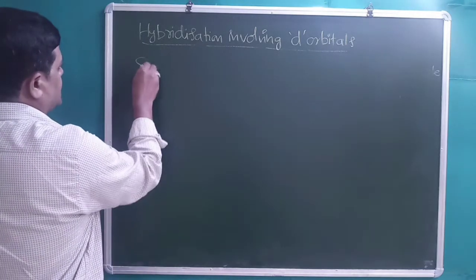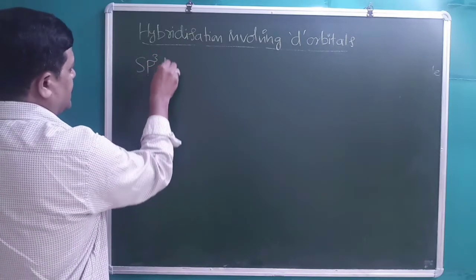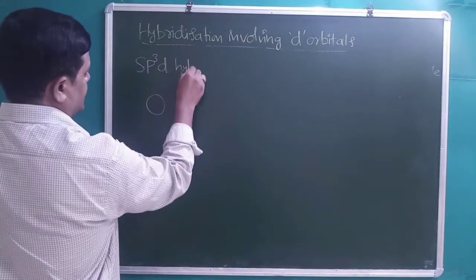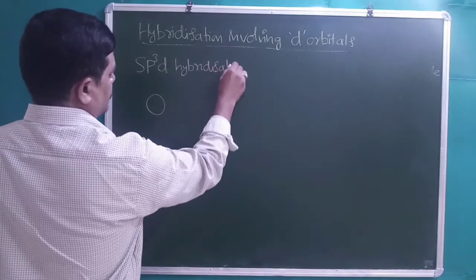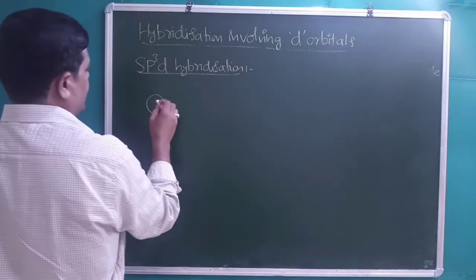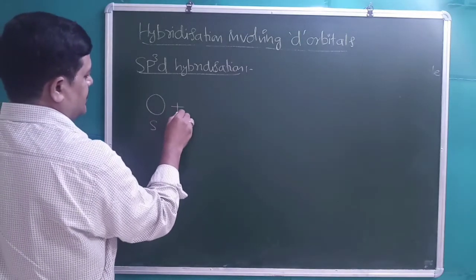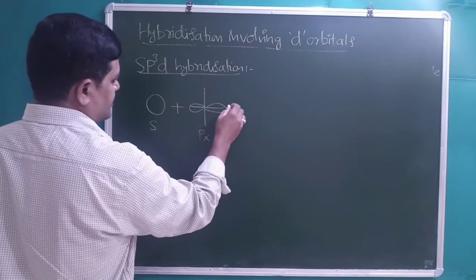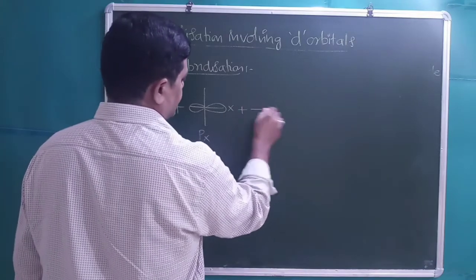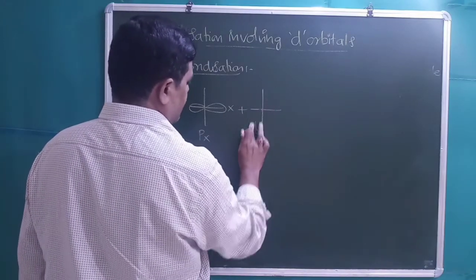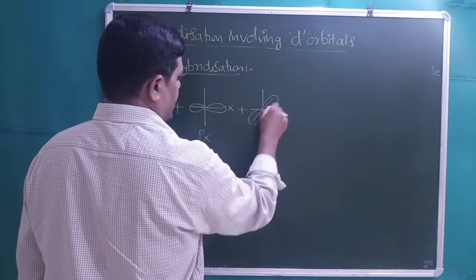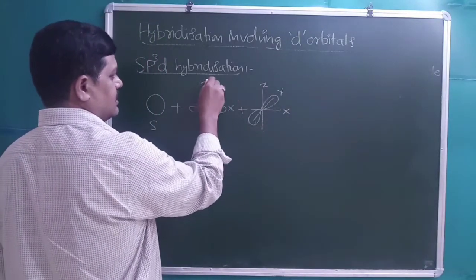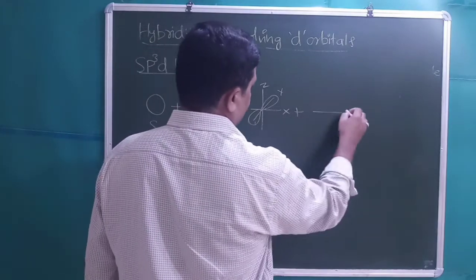sp3d hybridization: one s orbital plus 3 p orbitals, px orbital plus py orbital, assume it as x axis, y axis, z axis, and one pz orbital.